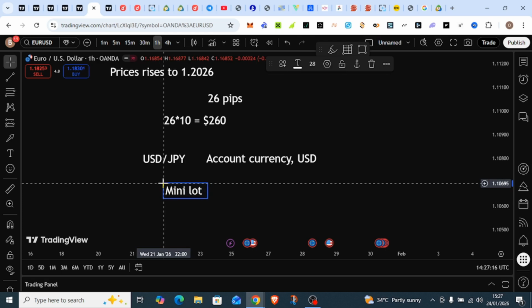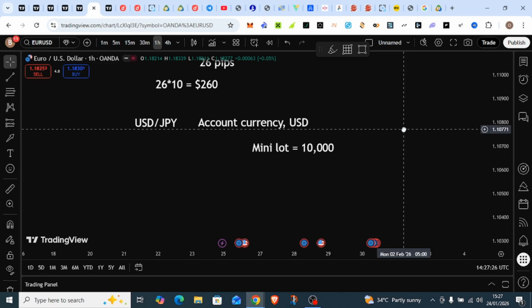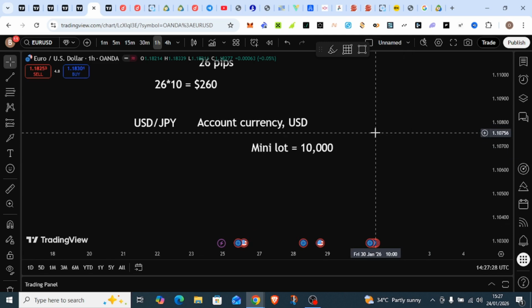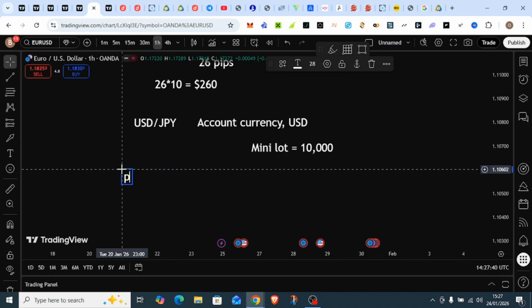Remember, it's pip value that we want to calculate here, and also get the profit value for the price movement. So pip value now will be equal to 0.01 times the position size, which is 10,000, because it's a mini lot.